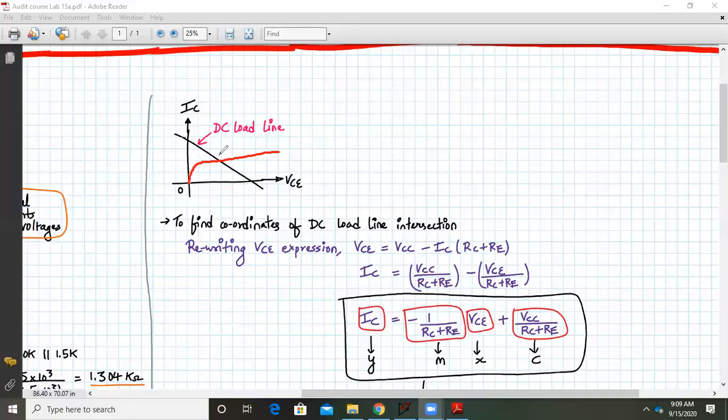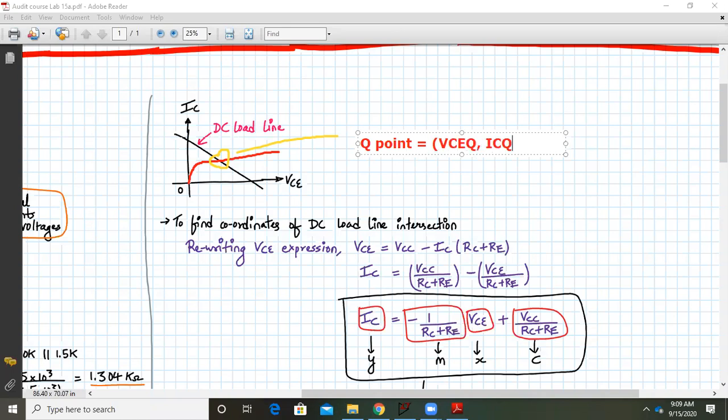So this point over here, the intersection, is my Q point. And the Q point consists of VCEQ, and we are also finding ICQ. Okay, so that's my Q point. So the intersection of the output characteristics with this DC load line will give me the Q point.